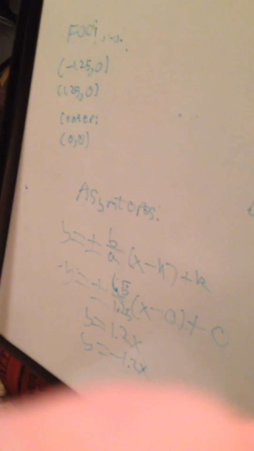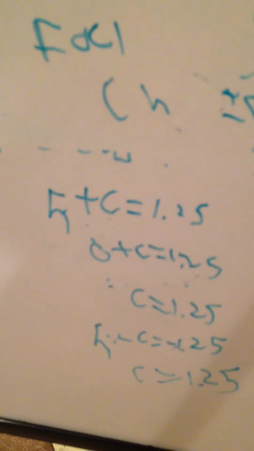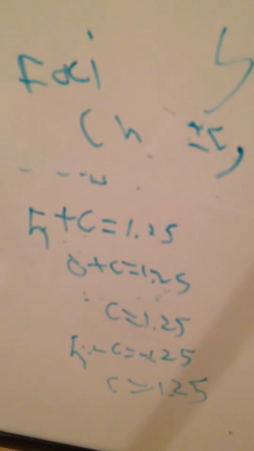Alright, so h is equal to 0. So h plus c is equal to 1.25. So 0 plus c is equal to 1.25. So c is equal to 1.25.